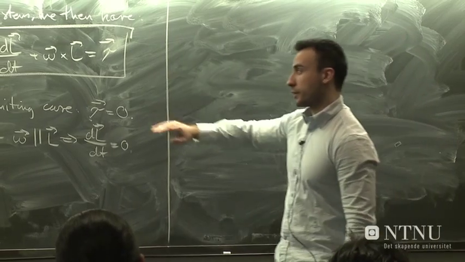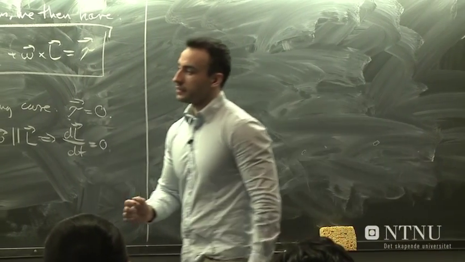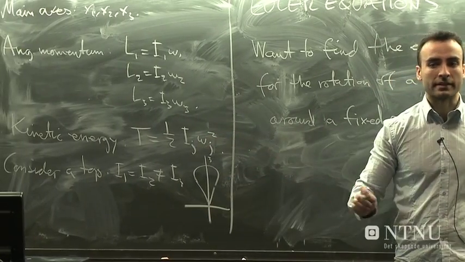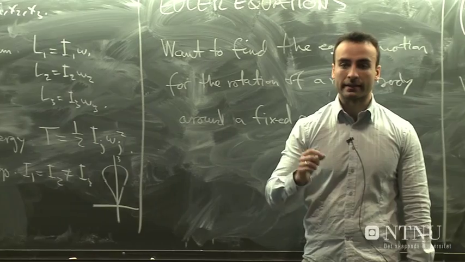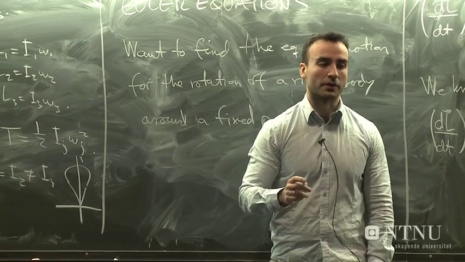Okay, so we know that this is valid in the rotating system, and at the same time, we know that the description of both angular momentum and kinetic energy is particularly simple in the special coordinate system where the matrix of inertia is diagonal.